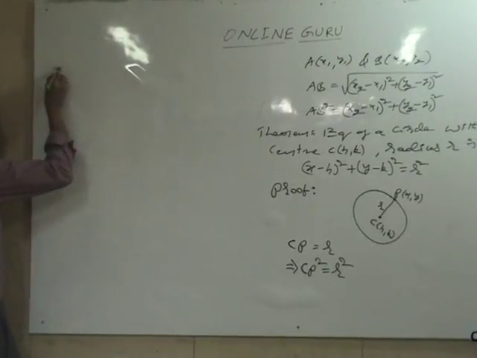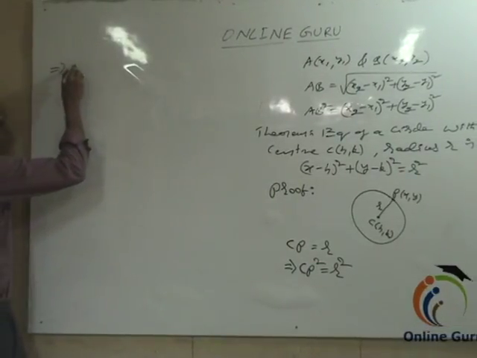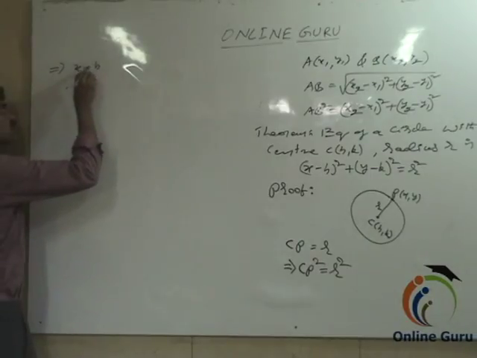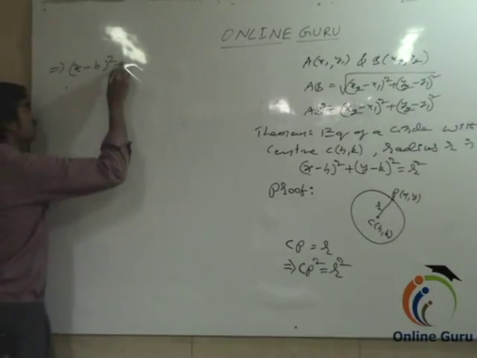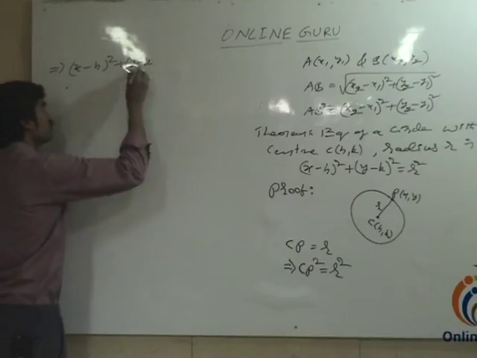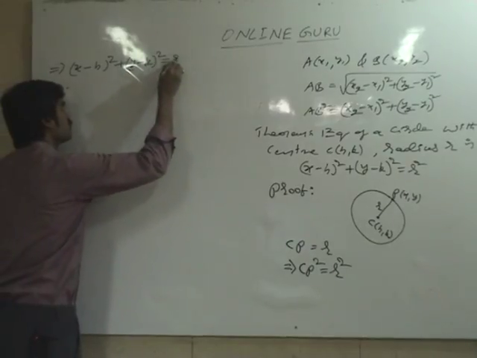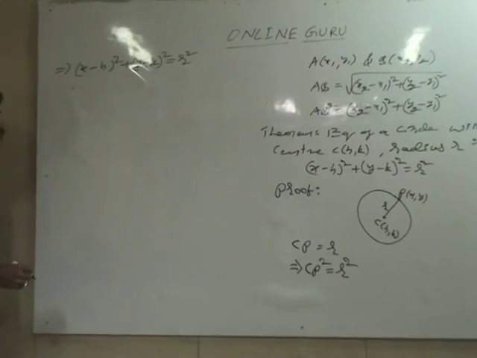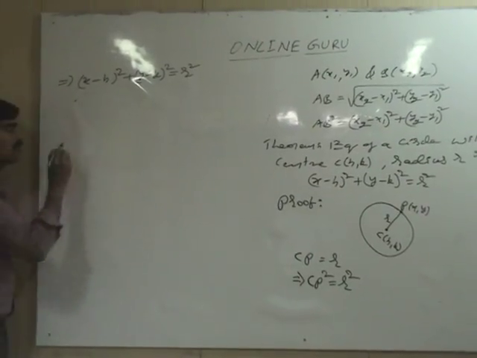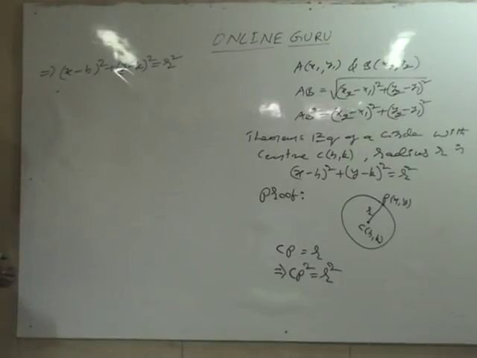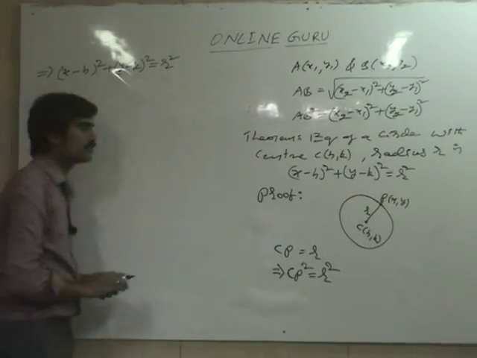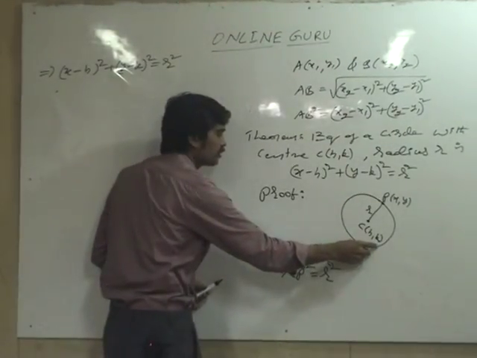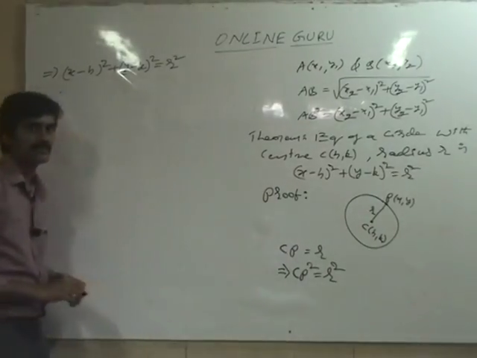Now by substituting, you get (x minus h) whole square plus (y minus k) whole square equal to r square. This is the equation of the circle with the center C(h, k) and radius r.